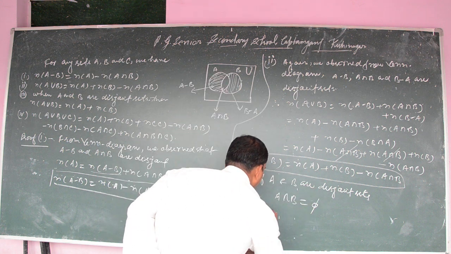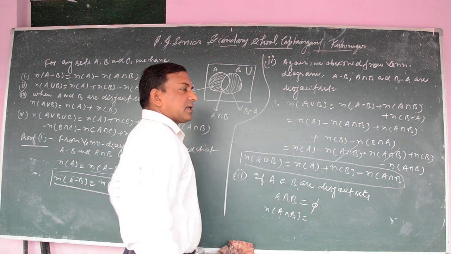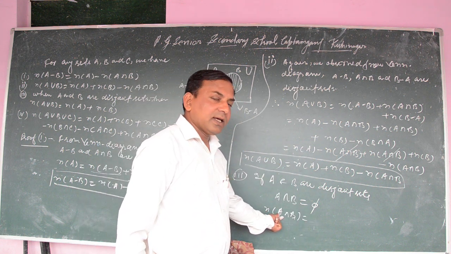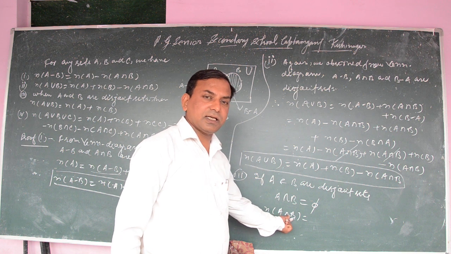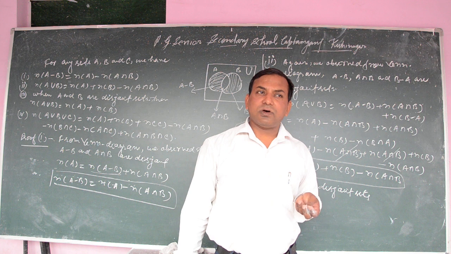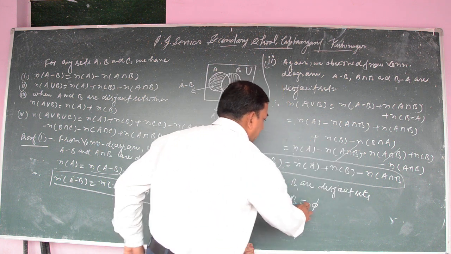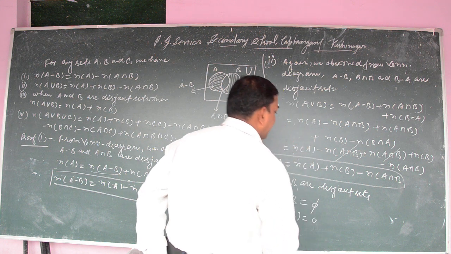What is cardinal number of A intersection B? It means the number of elements in A intersection B. An empty set is a set containing no element, so the cardinal number of the empty set is equal to 0.